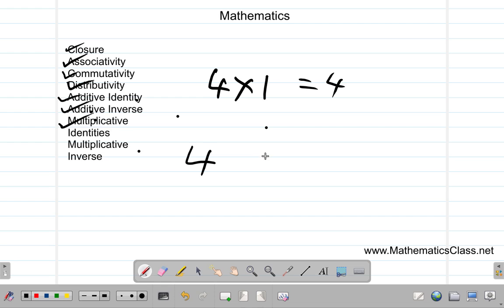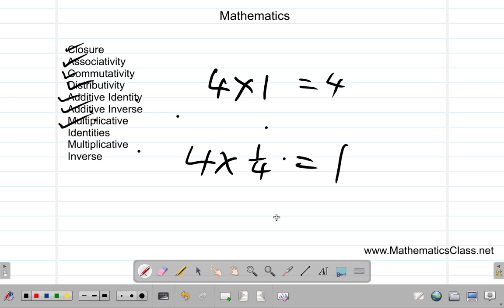What is the multiplicative inverse of 4? Well, when you multiply 4 times the multiplicative inverse, the answer you get is the multiplicative identity, 1. Which number do you multiply 4 by to get 1? Well, you multiply by 1 over 4. So 4 times 1 over 4 is 1, you know.